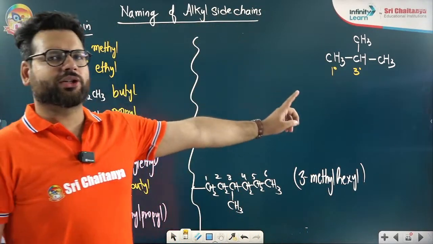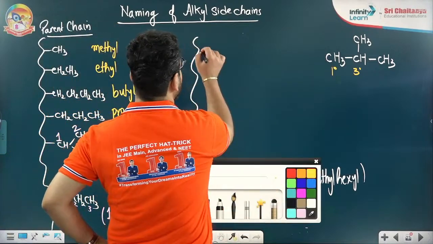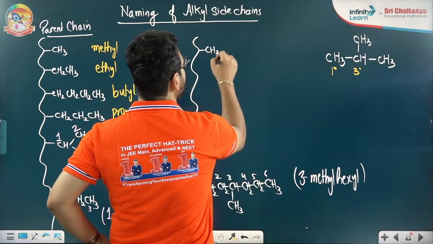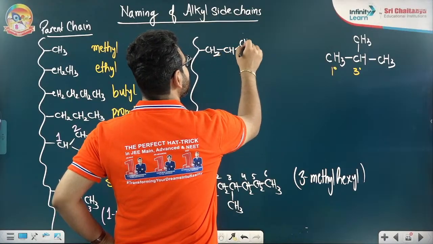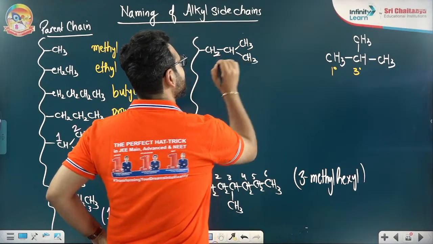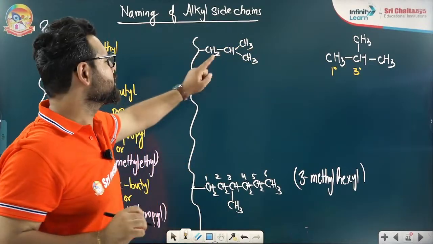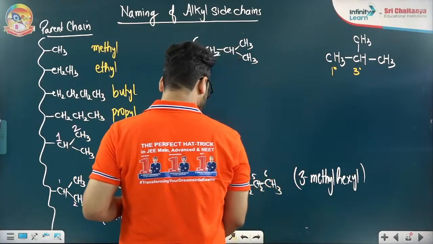And the middle one is tertiary. If I remove a primary hydrogen, I am getting the attachment like this: CH2, CH, CH3, CH3. I hope all of you can see a V here. So it's an iso group. This is called isobutyl.